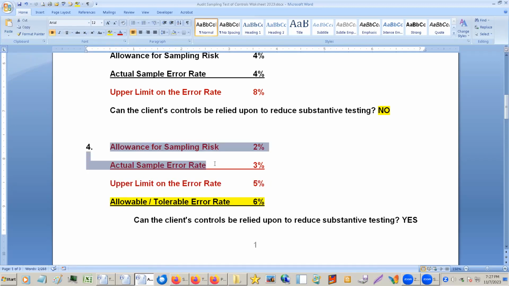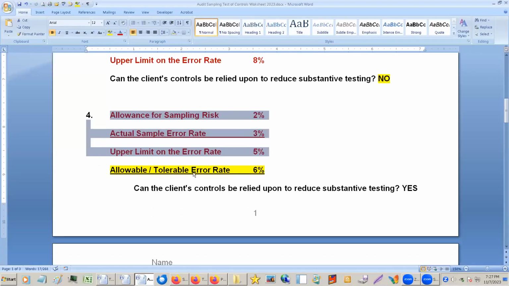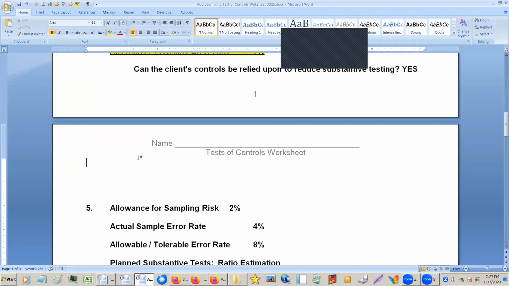So this comes from our testing. And again, it's the same thing as we did for that bell curve kind of thing. So this is what we think it is, but it's a sample, so it could be up by a little bit more. And that's the allowance for sampling risk.